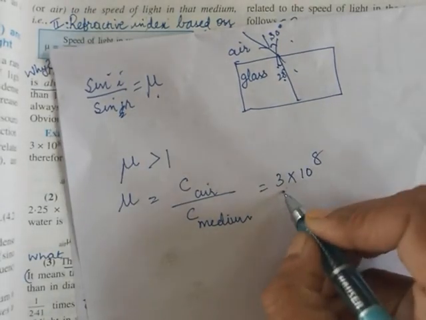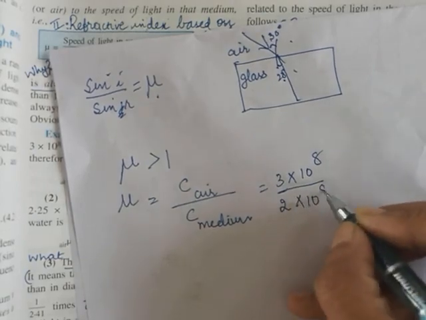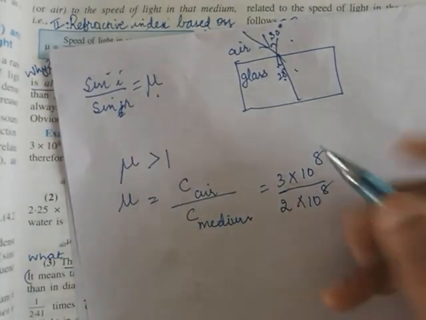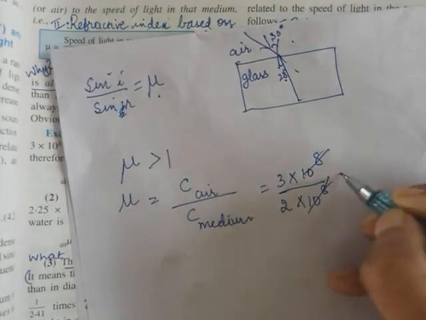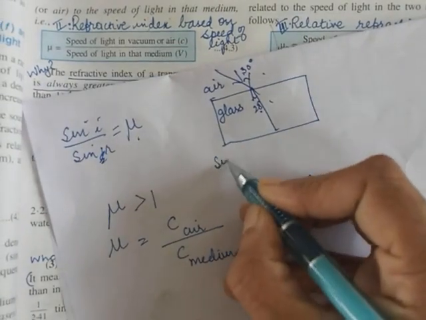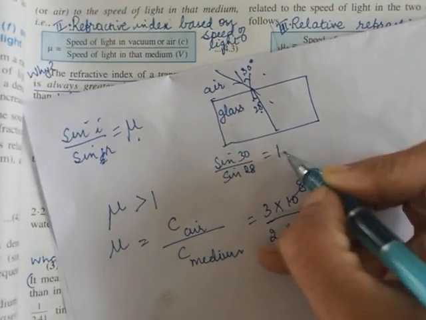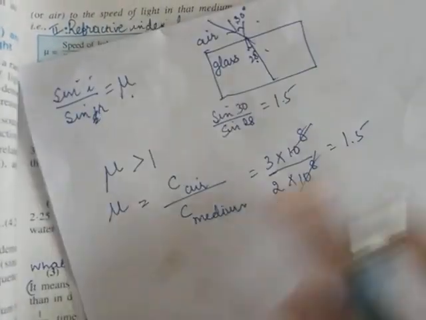For example, if it was glass, the speed of light will be 2 into 10 power 8. So what will happen? 3 upon 2, 1.5. When I showed on the board also, using the formula sin 30 by sin 28, you might get 1.5. If it was glass, using this formula also, you will get 1.5.